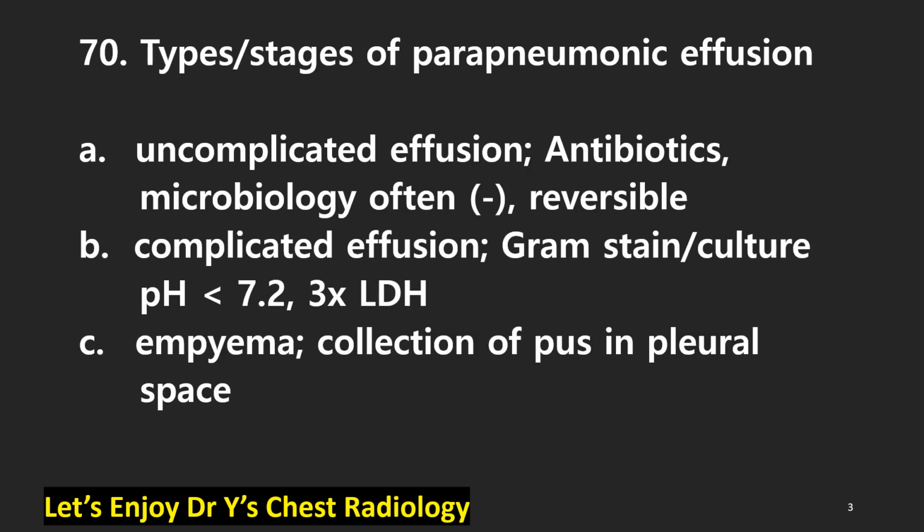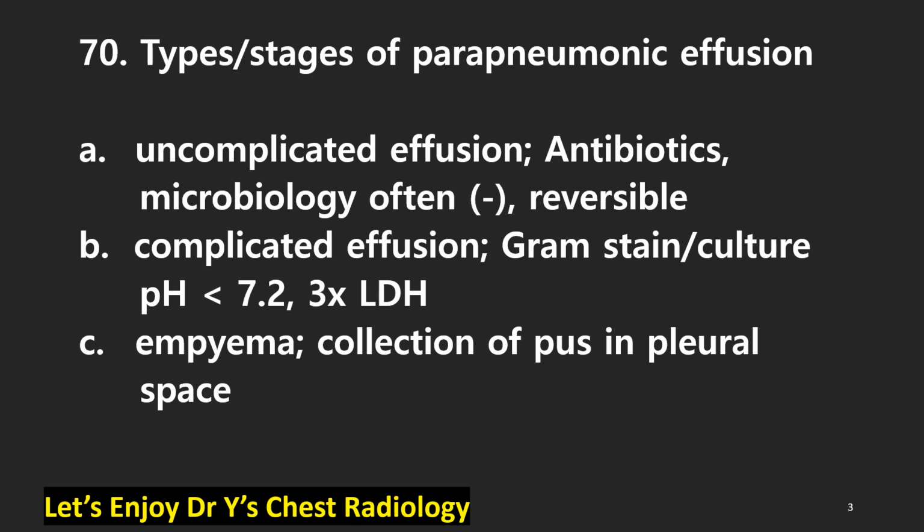The types or stages of parapneumonic effusions are three. The first one is uncomplicated. The name implies very nice. Uncomplicated effusion is good with antibiotics only, and often the microbiology is negative and usually reversible. Very good news.